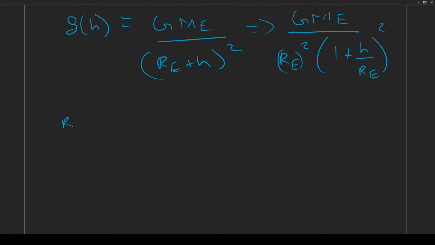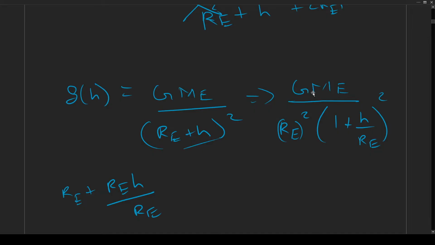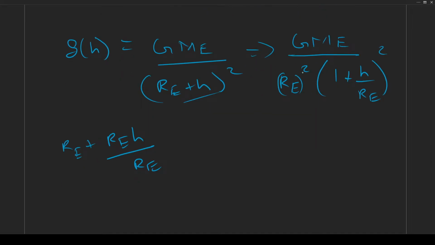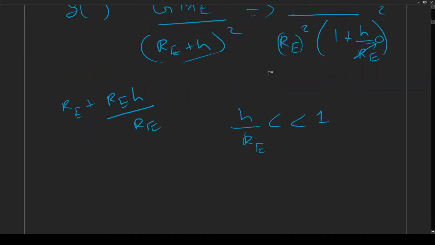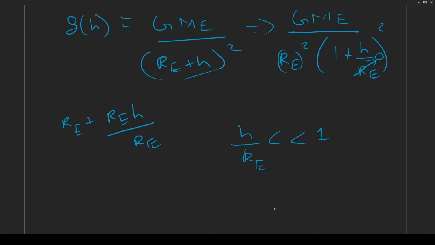Basically we are writing it as R_e plus R_e h by R_e; R_e cancels, 1 into h, we get the same thing. Now if we take R_e in the numerator common, we get (1 + h by R_e) whole square and R_e square. And if h by R_e is very much smaller than 1, we can neglect it and directly write it as GM_e by R_e square.